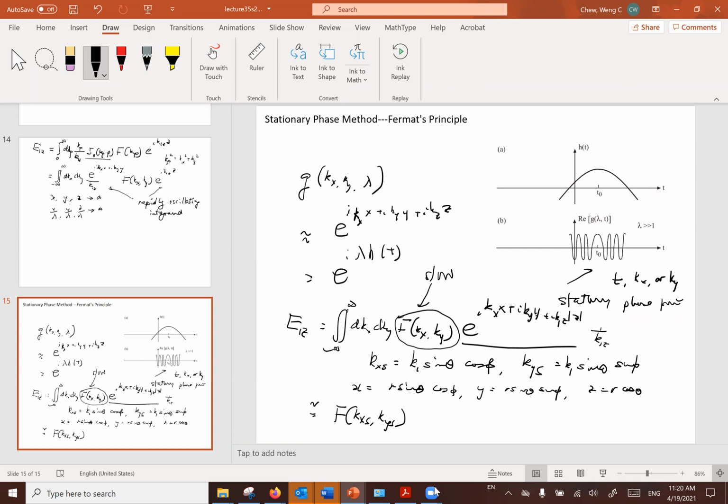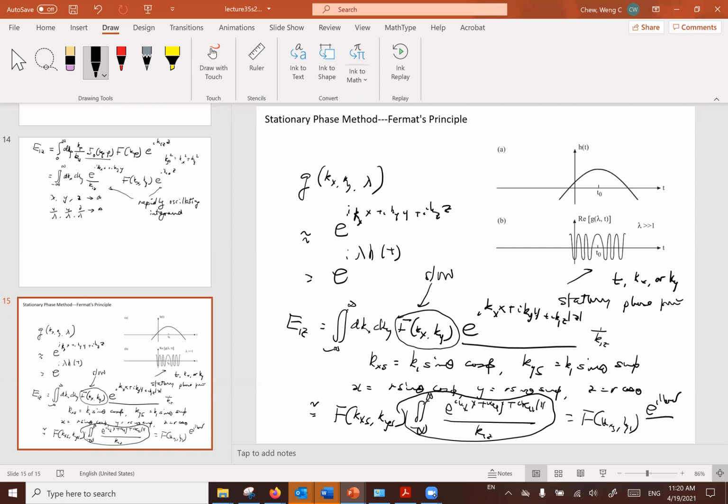So what I'm left with in the integrand is e to the i(kx x plus ky y plus k1z z) over k1z. And this part, I can use back the Weyl identity and say that it becomes like a spherical wave again.